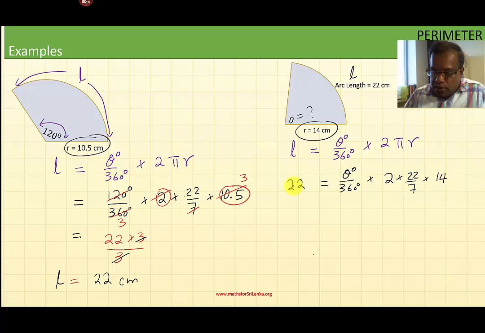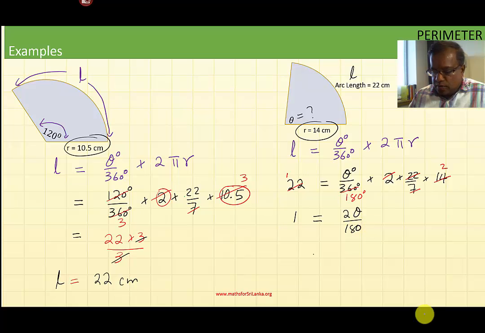You can divide both sides by 22, so you get 1 on the left, and the 7 cancels with 14, which is 7 times 2. Also this 2 cancels out, since 2 is a factor of 360, which gives 180. So we have 1 on the left-hand side, and on the right-hand side we have 2 theta over 180.